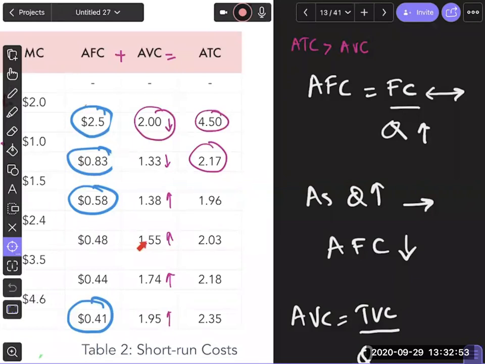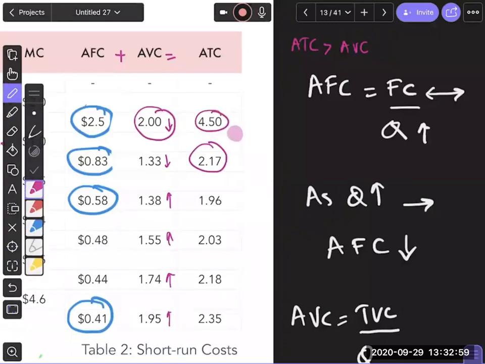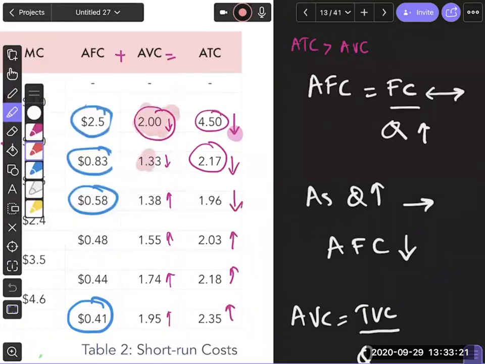Also, guys, look at what is happening. It's going down, down, down, and then up, up, up. So in a way, if you look at this, variable cost is going down and then up. But total cost is going down, down, down, and then later it goes up.